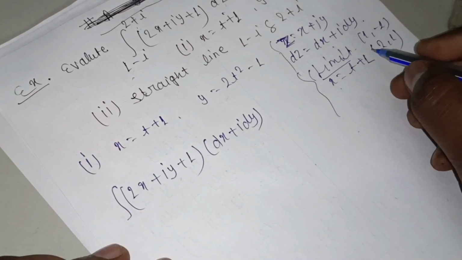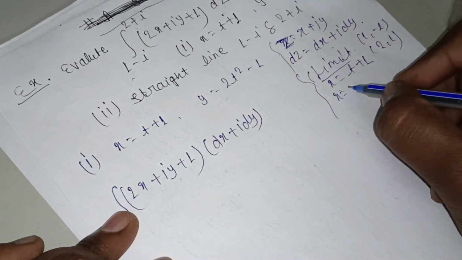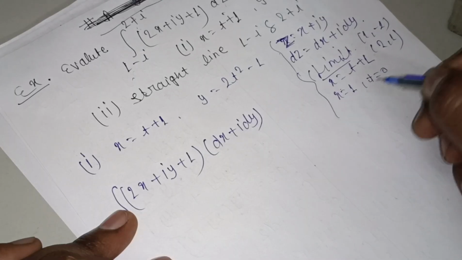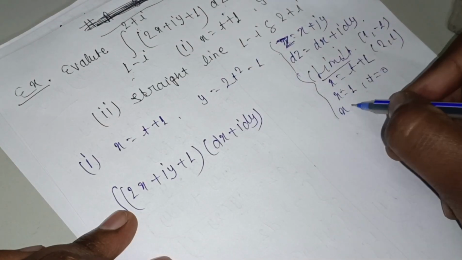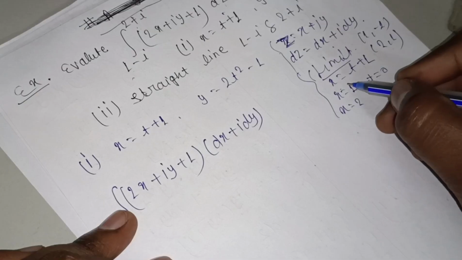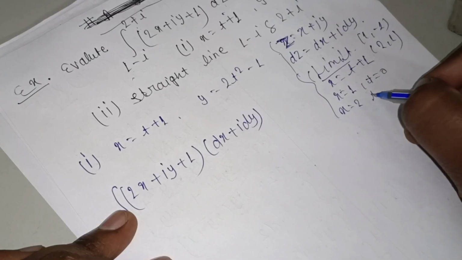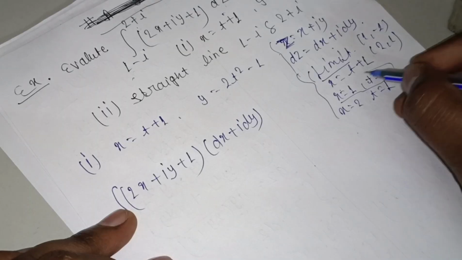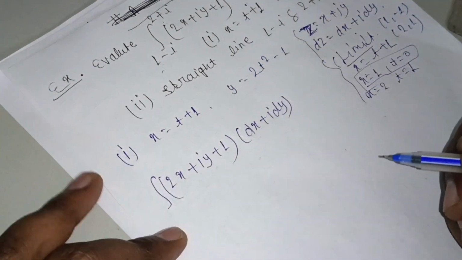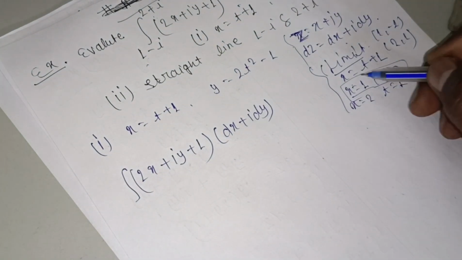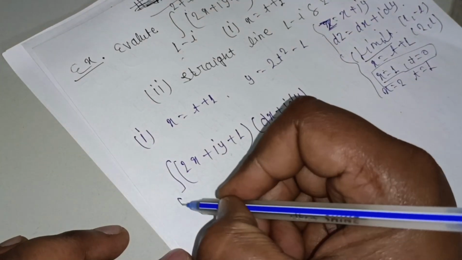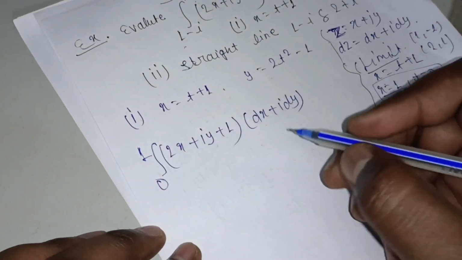So limit will also change. So if x is equal to 1, then t is equal to 0, right? If x is equal to 2, then t is equal to 1. Okay, so I'm preferring this one. So if x is equal to 2, t is equal to 1. So we are preferring this one. So 0 to 1. Okay.